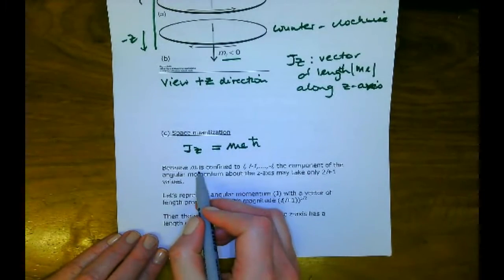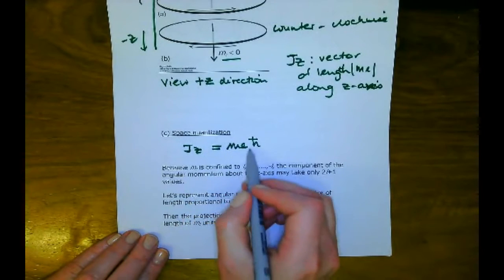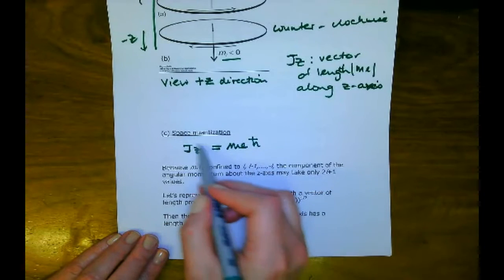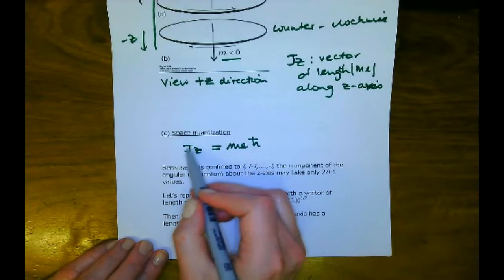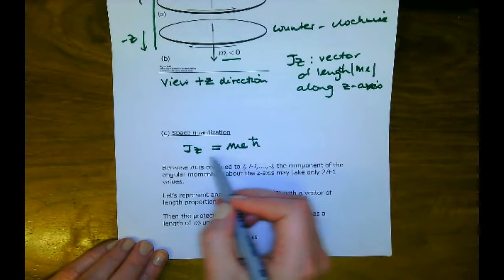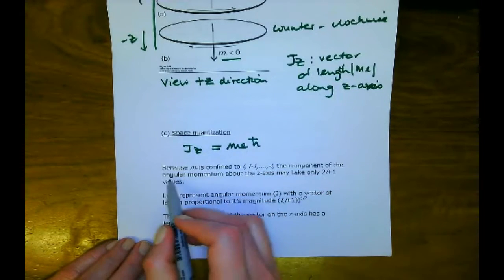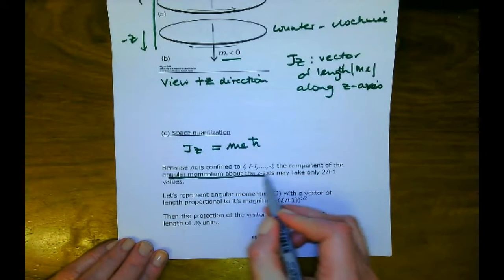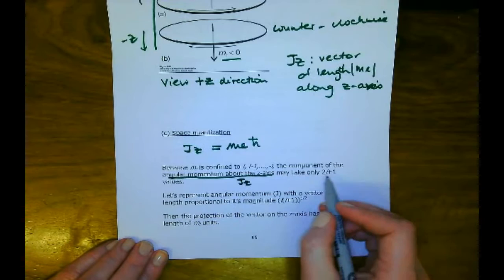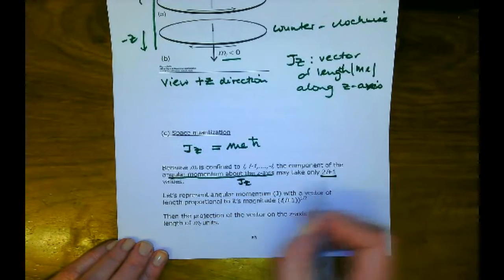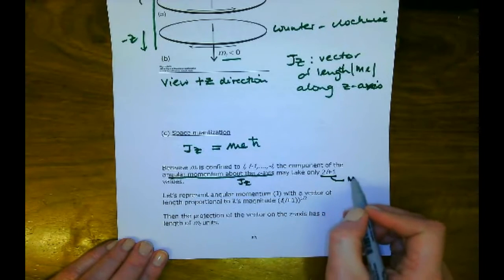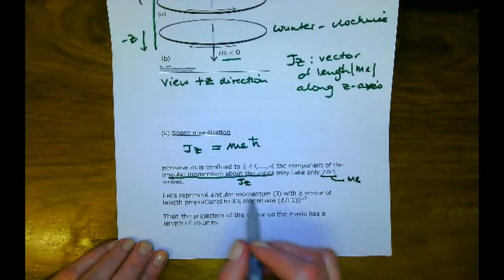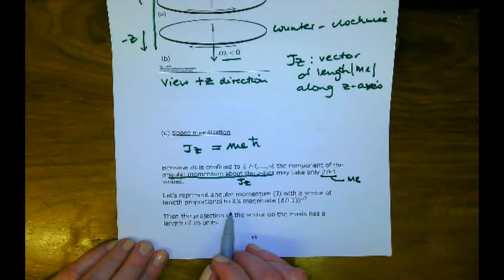But we know the values of ML, so these values are determined by L. So we expect this component of angular momentum along the z-axis to be quantized, because we've got a quantum number here. So the component of angular momentum about the z-axis, so this whole description is Jz, may only take 2L plus 1 values. Why? Because we have 2L plus 1 values of ML. So we're seeing quantization in angular momentum.